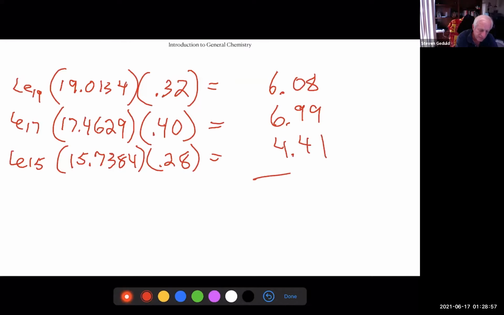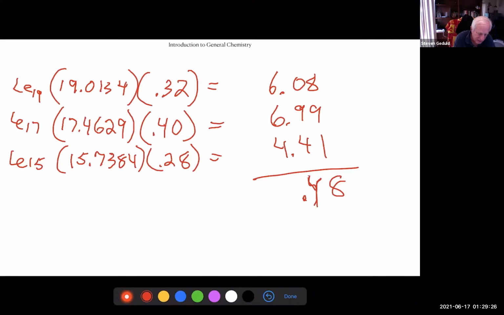So if you take each one of those isotopes, it weighs that much. So 32% of the sample weighs 6.08, 40% weighs 6.99, and the other 28% weighs 4.41. So for the total weight, the average atomic mass, we add those together.